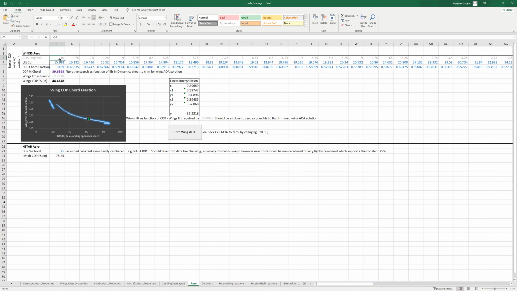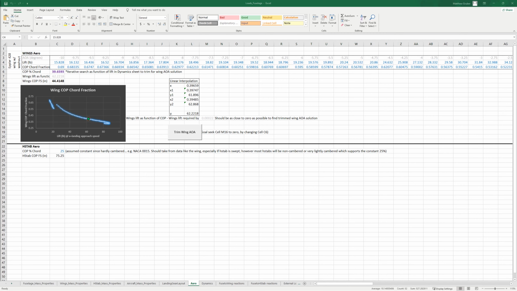So we need here this input table. Now that's coming from the Aero people designing the wing. All we need to know for loads is, if the wing is giving a certain lift, what is the center of pressure chord fraction where that lift is applied along the wing.